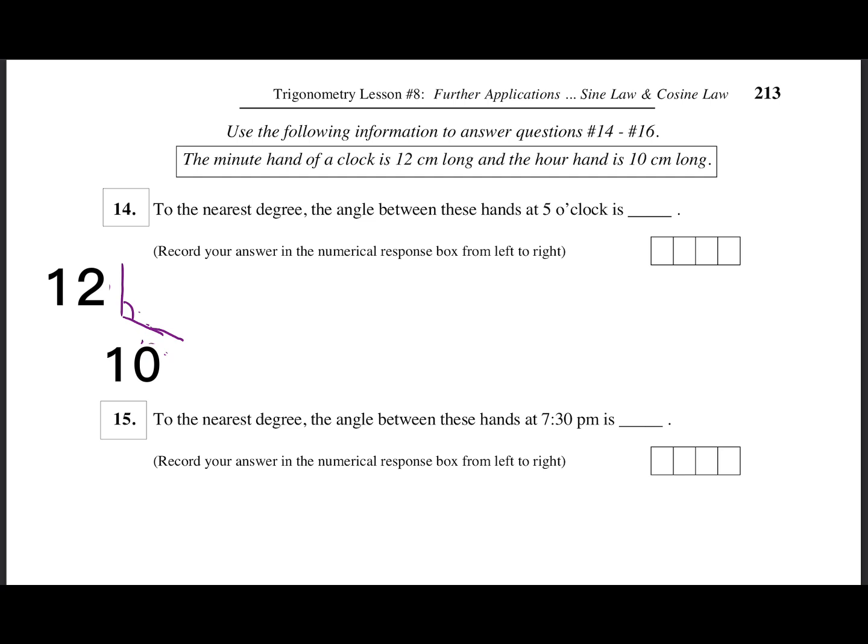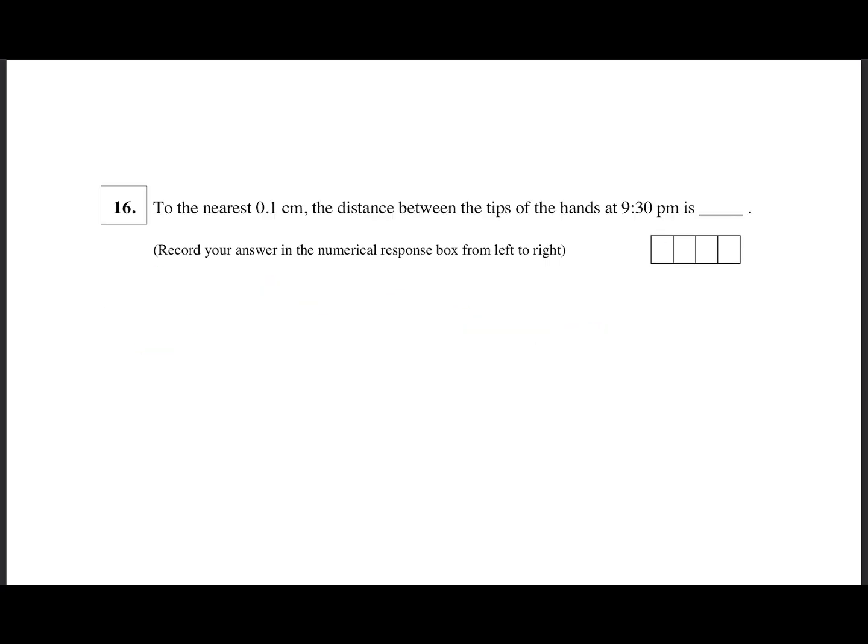The whole round is 360, so we divide by 12, and each part is 30 degrees. Then we count 1, 2, 3, 4, 5, so it's 5 times 30 degrees, which is 150 degrees.